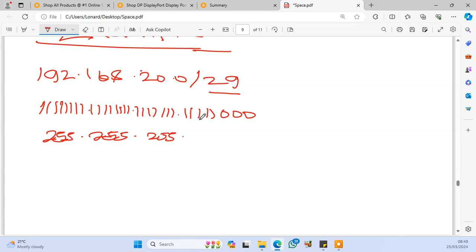If you add 32, you get 224. If you add 16, you get 240. If you add 8, you get 248. So this is our subnet mask in decimal format.